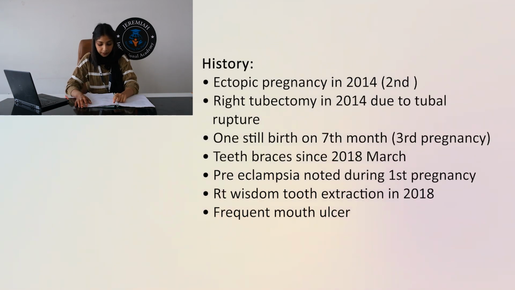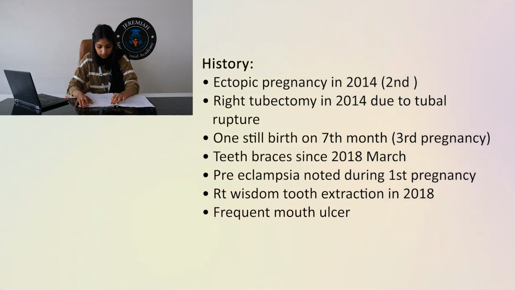Then the patient's past medical histories are also given here. In 2014, which was her second pregnancy, it was an ectopic pregnancy, and the next thing is right tubectomy in 2014 due to tubal rupture, which means the management for this condition was right tubectomy.